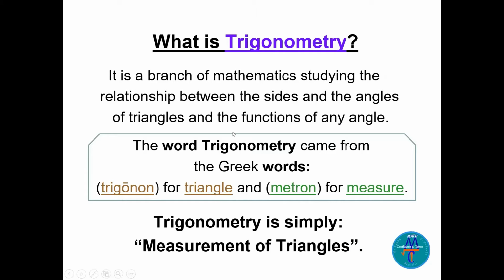The word trigonometry came from the Greek words trigonon for triangle, this is the meaning of a triangle, and metron for measure. So simply we can say trigonometry is measurement of triangles.